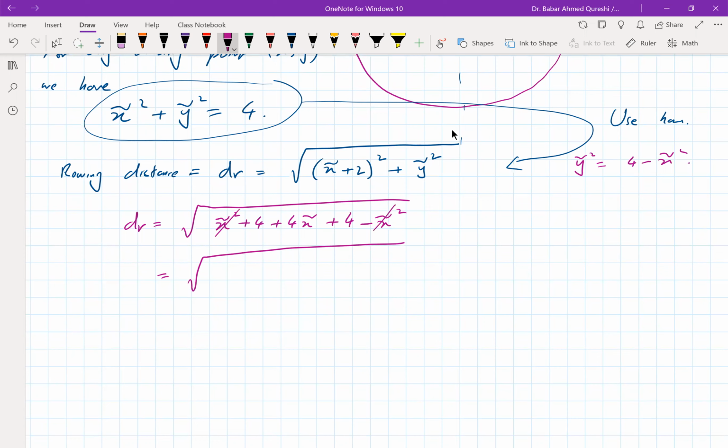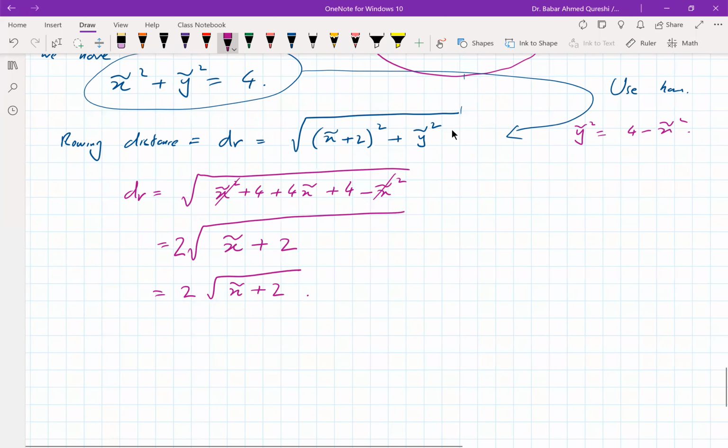These cancel. That's a good thing. It will be a simpler function. So I can take a 4 out. That becomes a 2. And I have x tilde plus 2 left. So that's the rowing distance.